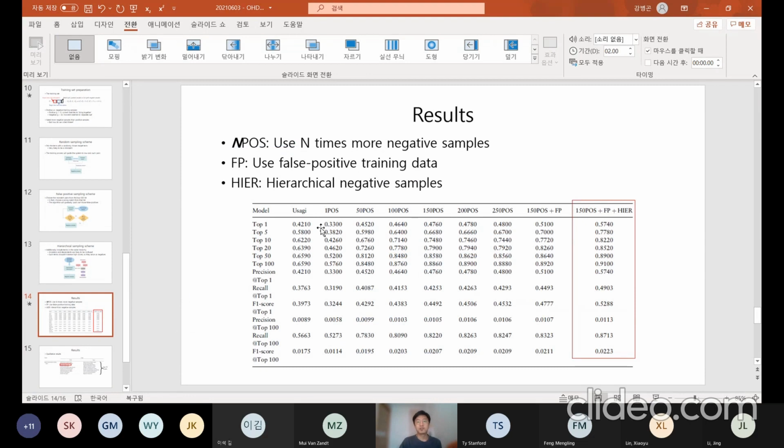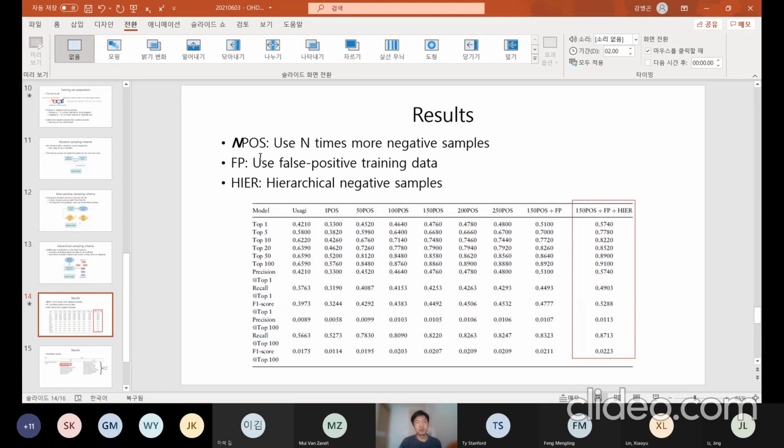So this is a quantitative result of all the configurations that we had. The first column contains all the various criteria, and the second column is the result from Usagi. The remaining ones indicate our differing configurations of the training set we produced, starting from the random samples.